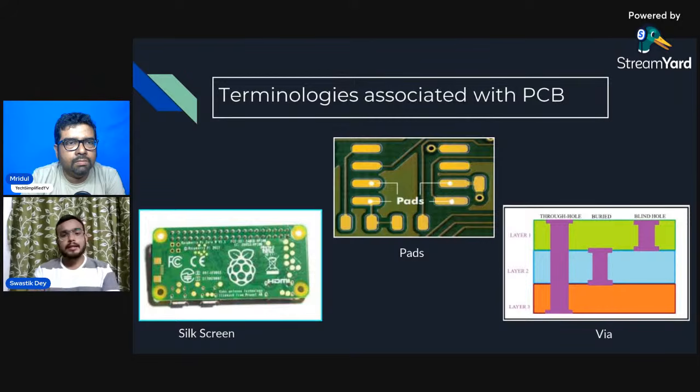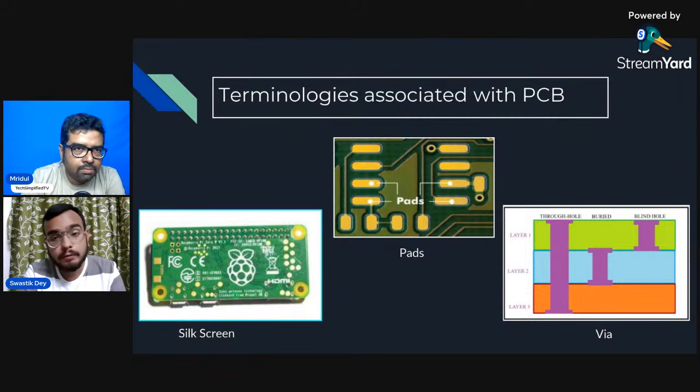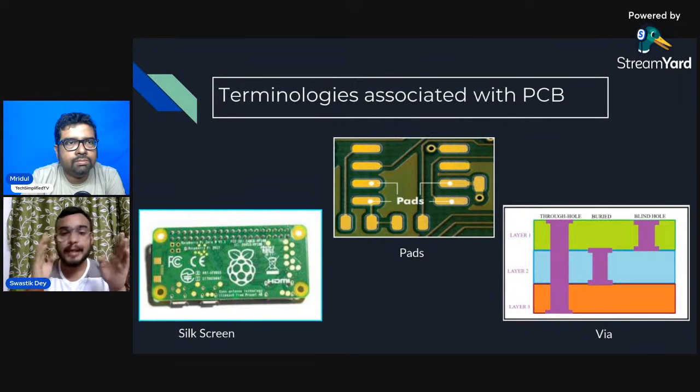There are three categories of vias that are usually associated with the PCB. The first one is the through hole vias, the buried vias, and the blind hole vias. The through hole vias connect you from one end of the PCB to the other end, right? From one surface to the other surface. The buried vias take you anywhere in between the layers, right?